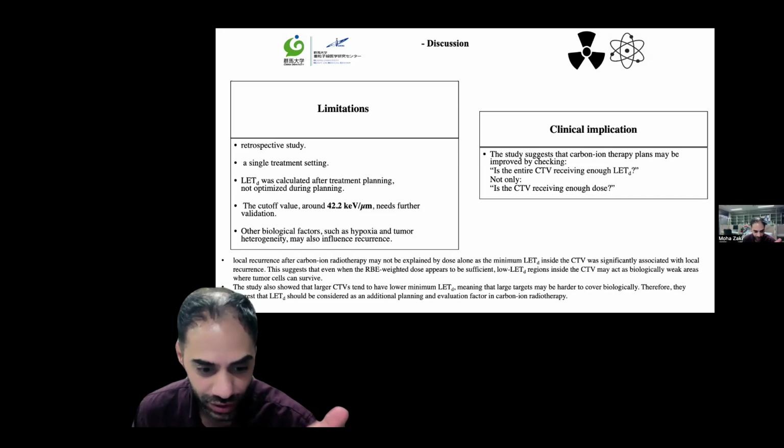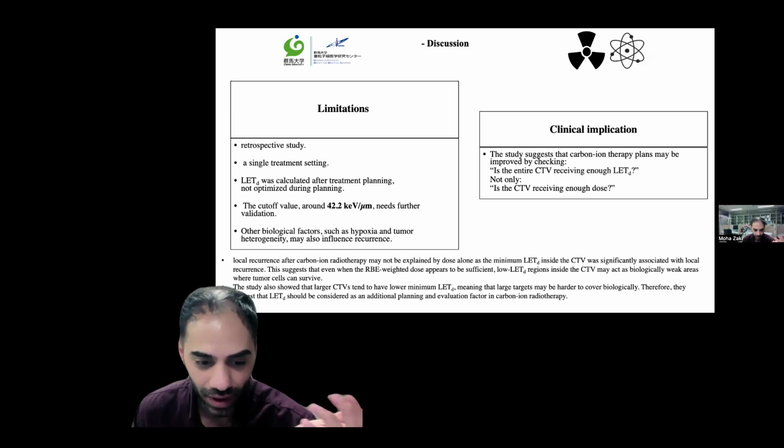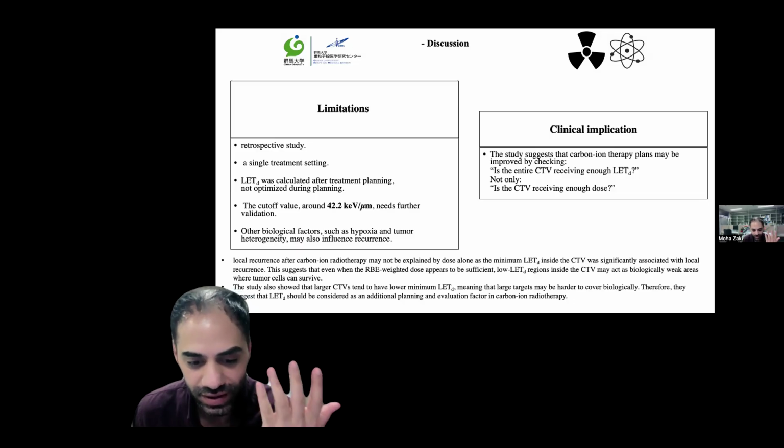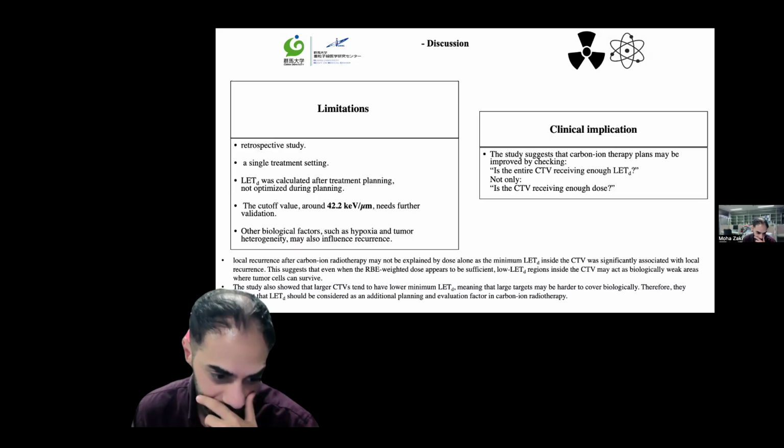In addition, the cutoff value of 42.2 keV per micrometer needs further validation. Finally, other biological factors such as hypoxia and tumor heterogeneity might also influence the local reoccurrence.